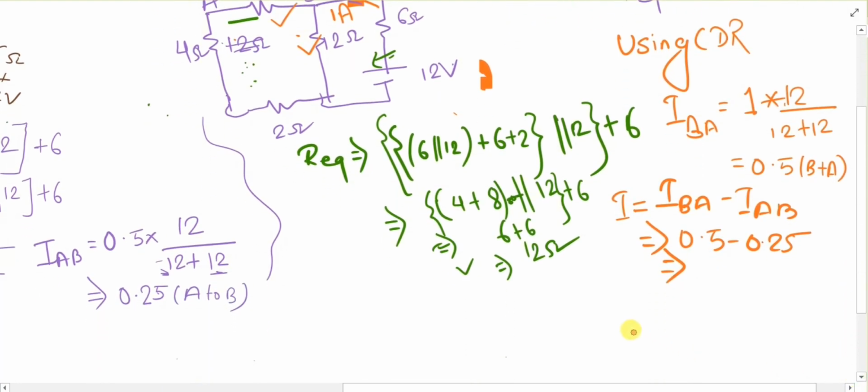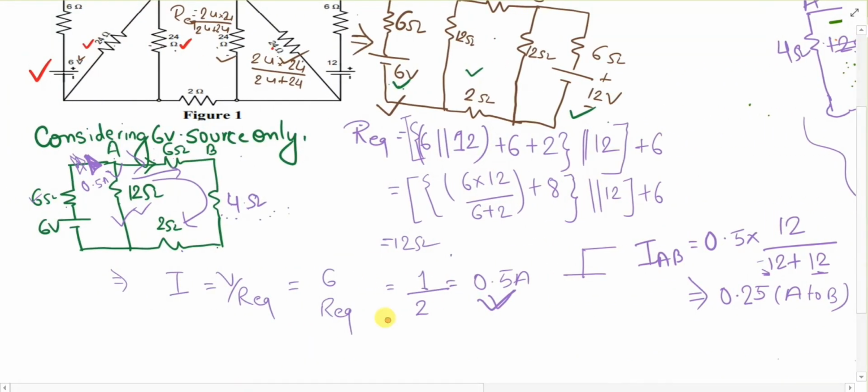That's why I is equal to 0.25 ampere. That's our answer. So that's how you can solve these problems. Don't get confused while seeing a complicated circuit. You can simplify it in a much simpler manner.